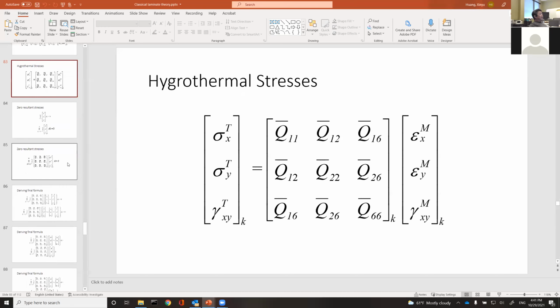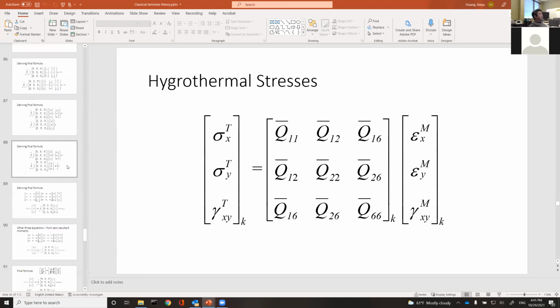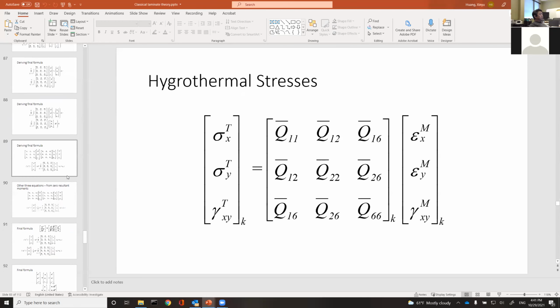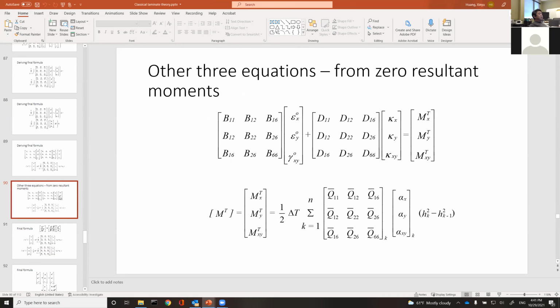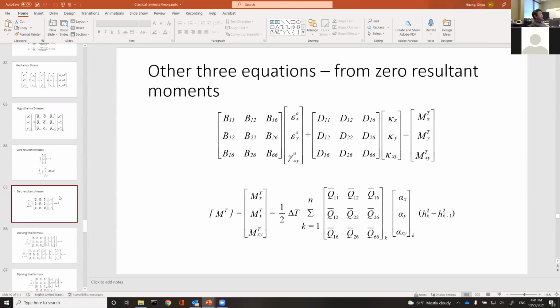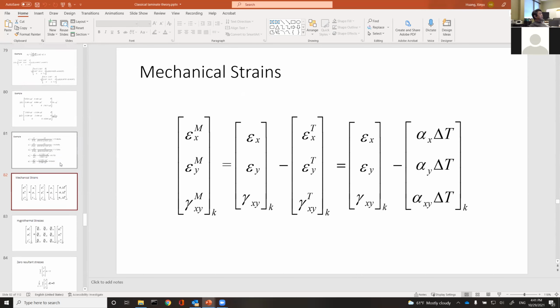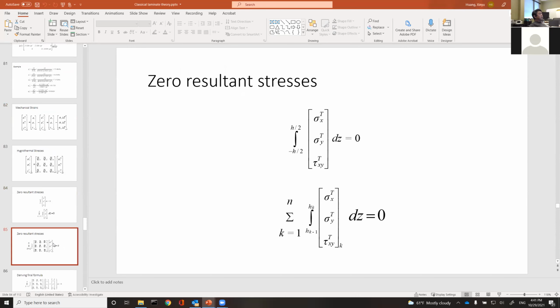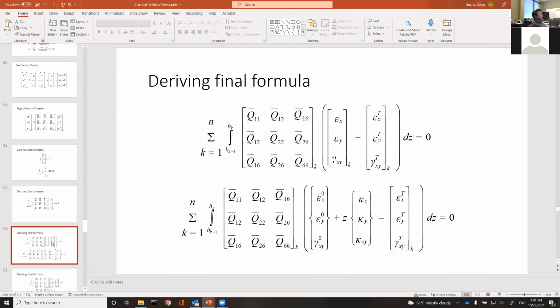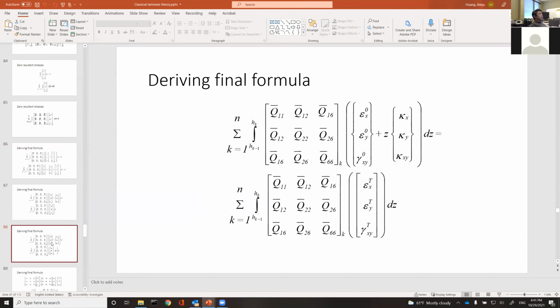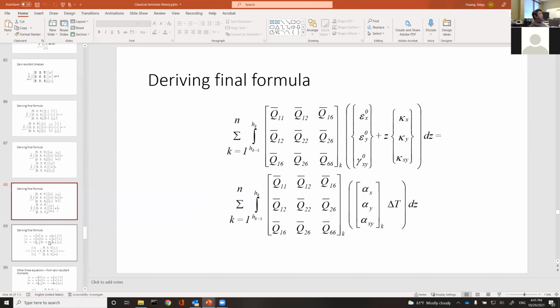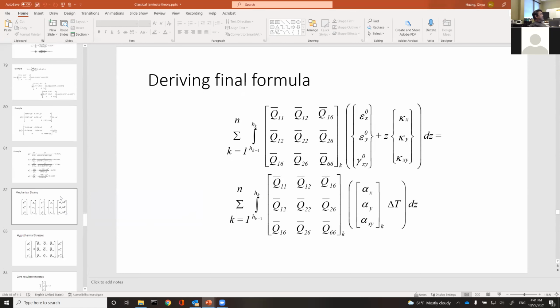All right, so to start doing the hygrothermal stress analysis, you have to know the thermal expansion coefficient for each layer, which is here. Where is that? I had that earlier.